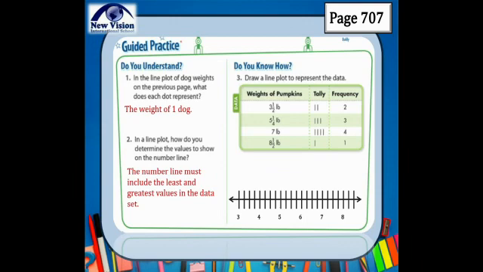We have 3.5, so we have 2 frequencies. 5 1/4, 3. Next, 7 pounds is 4. 8.5 is 1. So here is our line plot representing the given data.